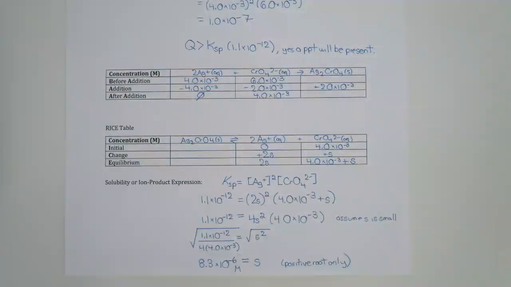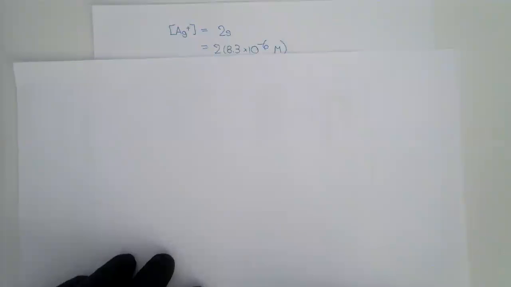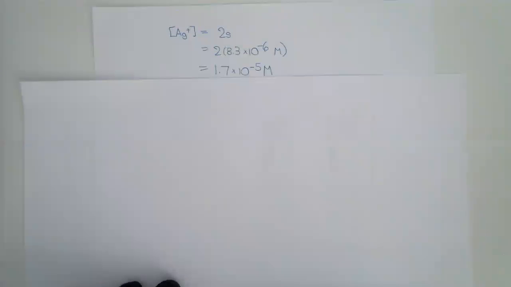The final molarities at equilibrium are as follows. For the silver ion, it is 2s, which is equal to 2 times 8.3 times 10 to the minus 6 equals 1.7 times 10 to the minus 5 molar.